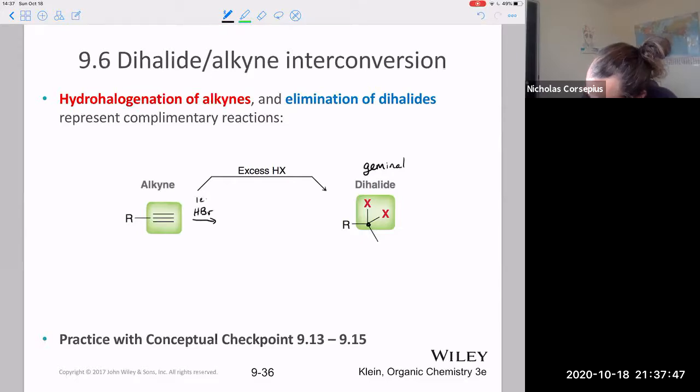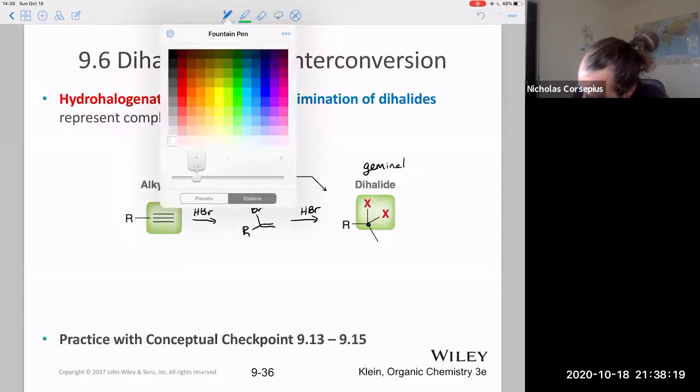If we take our one equivalent of HBr, we know that we're going to get addition of the halogen to that more highly substituted carbon, right? So in this case, we would get R. Now we have another round of HBr. Well, this is just an alkene. So we actually know the full mechanism for this. This will form a carbocation. Let me actually make room.